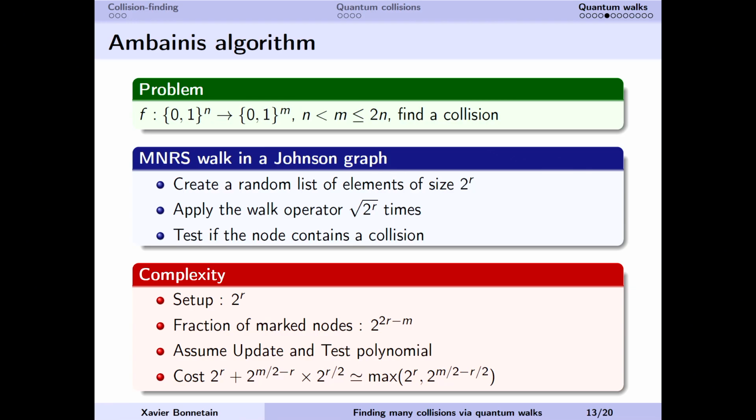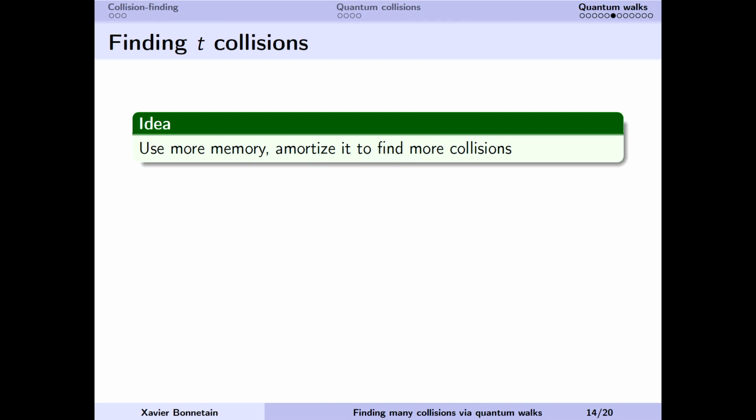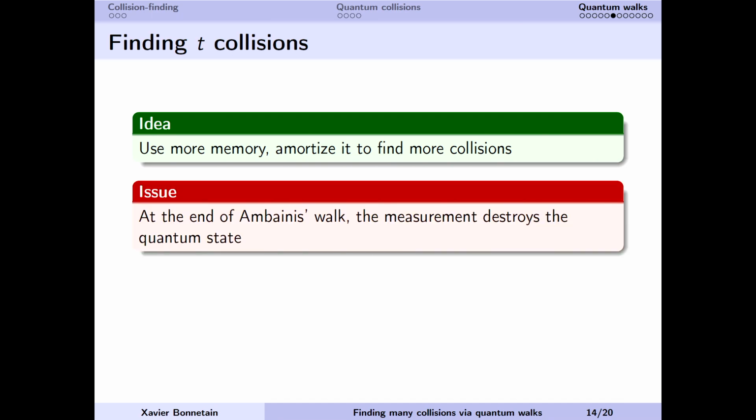And now, the question is, what happens if we want to find more collisions? The general idea is the same as the classical idea: take a larger list and then amortize it to find more collisions. However, there are some issues. At the end of the quantum walk, we measure to obtain the collision.